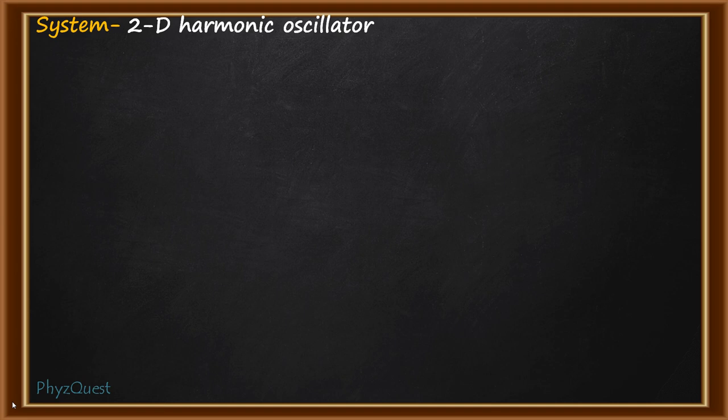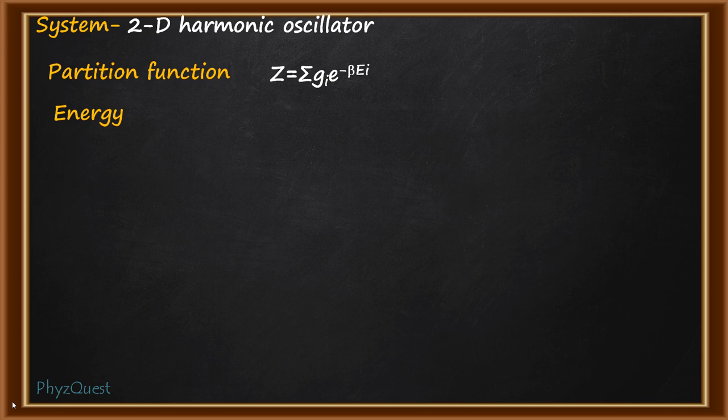Now as already mentioned, the mathematical expression of the partition function is Z equal to summation over Gi e to the power minus beta Ei. For a 2-dimension harmonic oscillator, the energy is E equal to (n plus 1) h cross omega.